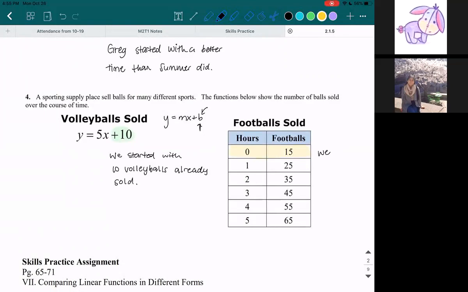And we started with how many? 15 footballs already sold.